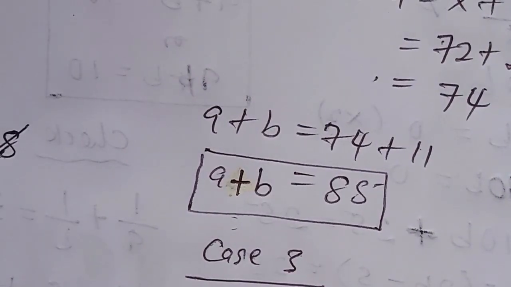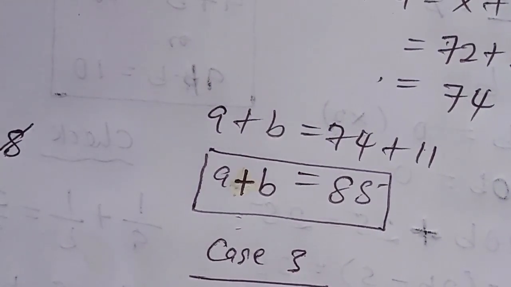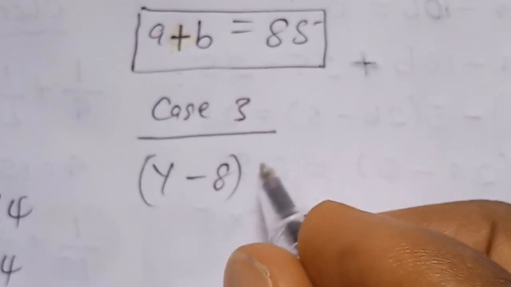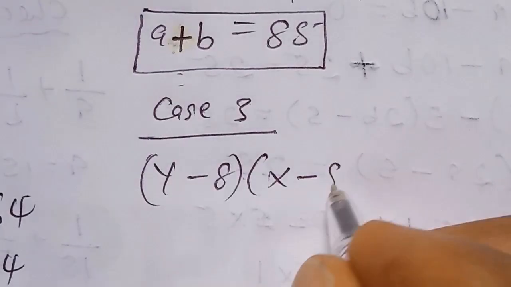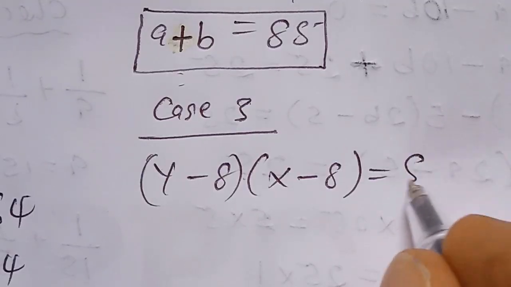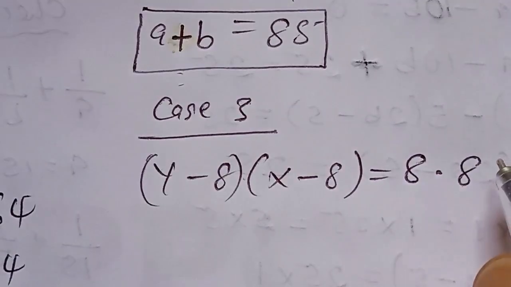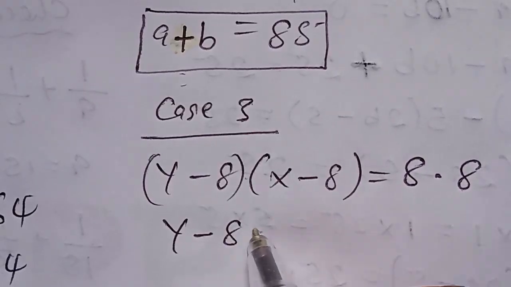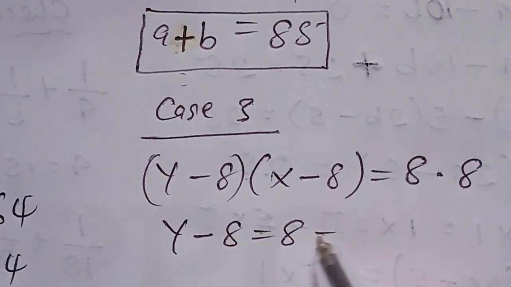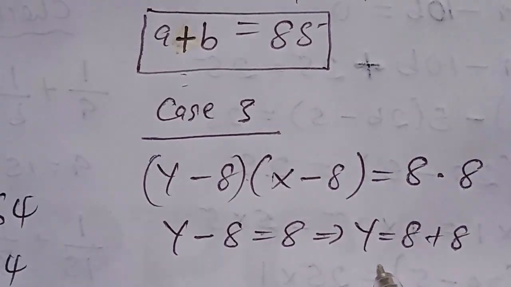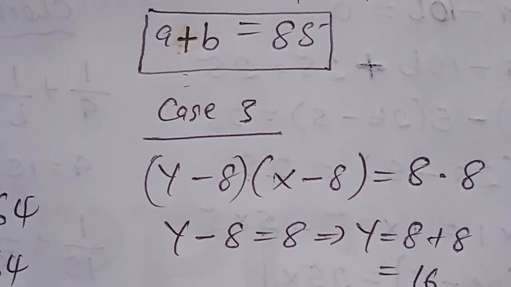So for case 3, where we have y minus 8 into brackets, then x minus 8 into brackets, and this is given as 8 multiplied by 8. So we can now say y minus 8 is equal to 8, implies that y will be equal to 8 plus 8, which is 16.